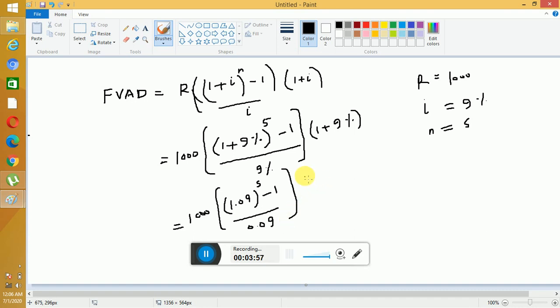Calculate this and then multiply it by 1 plus 9%, which means 1.09.